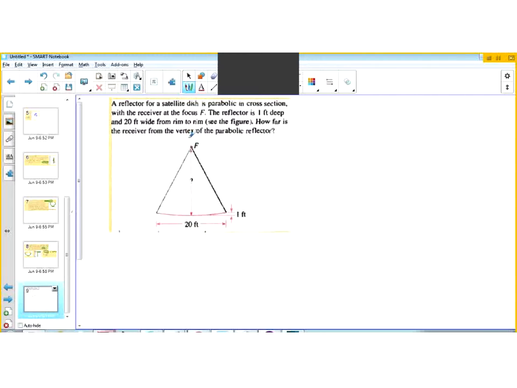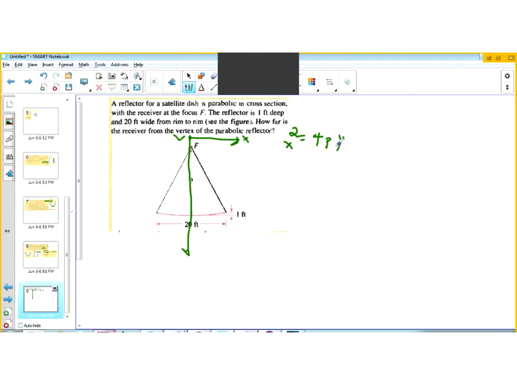The vertex of the parabolic reflector will be somewhere right here. So this will be the vertex. To solve this, we overlay an XY coordinate system. This will be our y-axis, this will be our x-axis, like so. There's our vertex centered at the origin. So we know that x squared is equal to 4py.